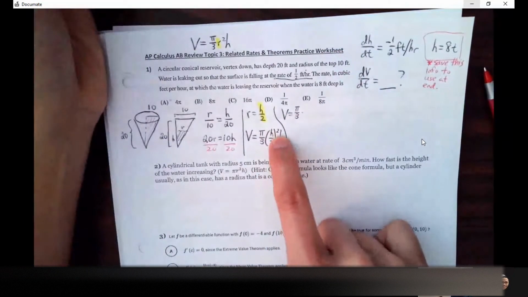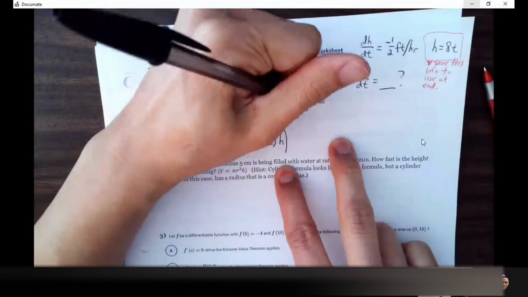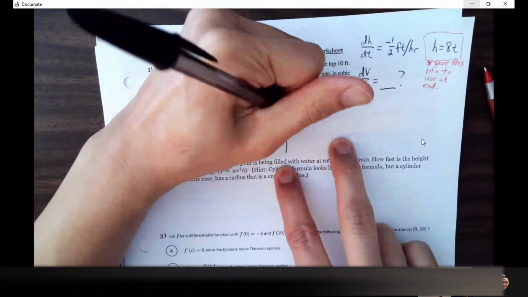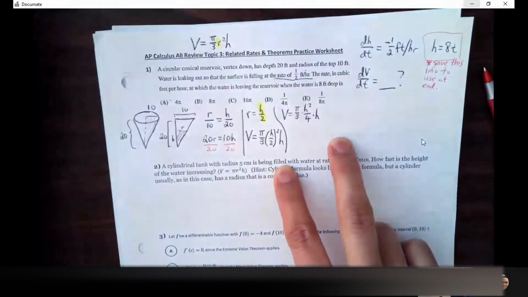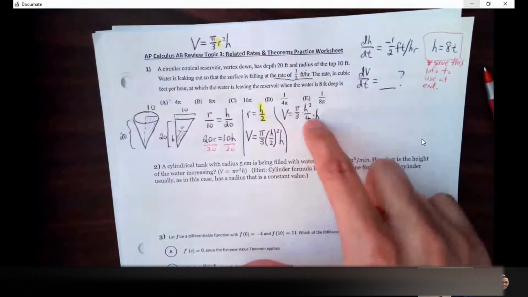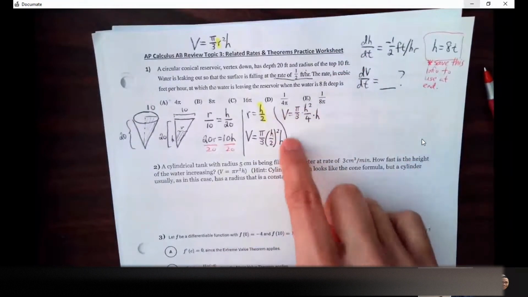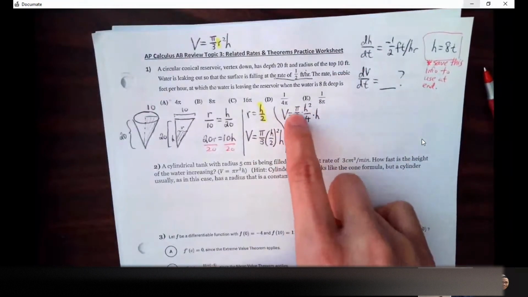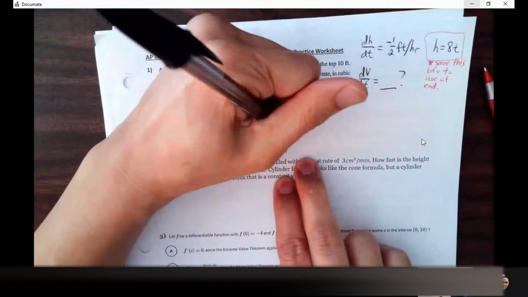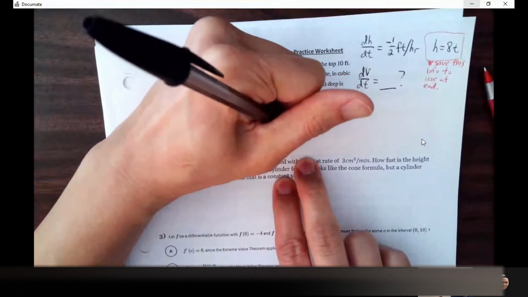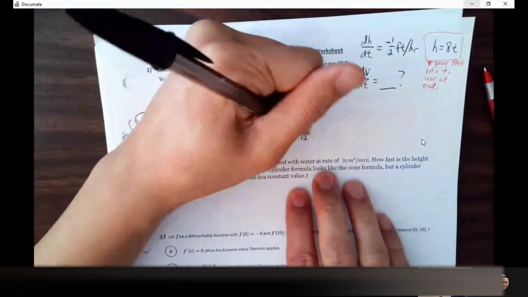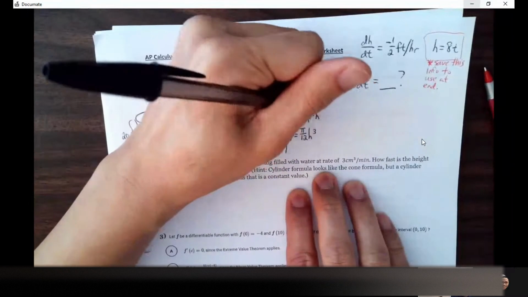H over 2 becomes H squared over 4 times H. I'm going to push all the numerators together, and also all the coefficients together. So the 3 and 4 becomes 12. I can rewrite this as pi over 12, and then H squared times H becomes H cubed.